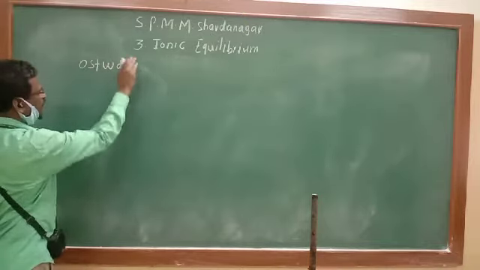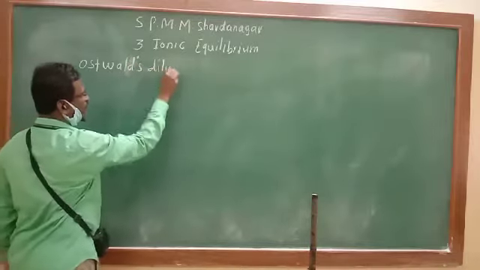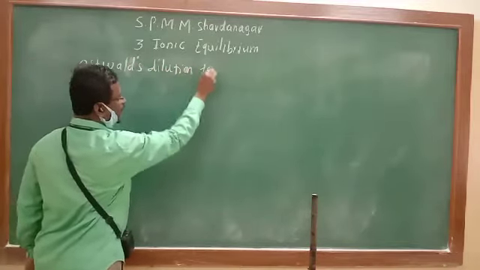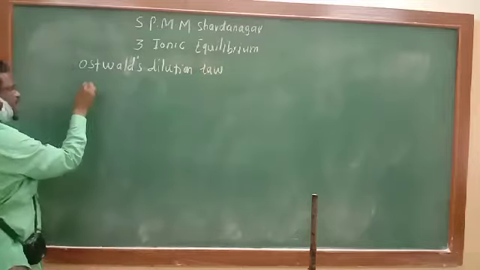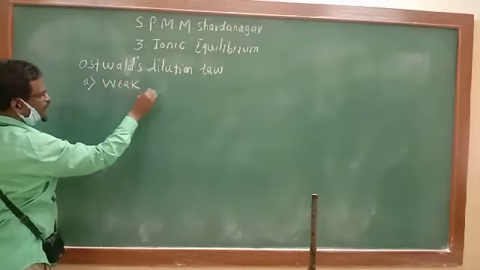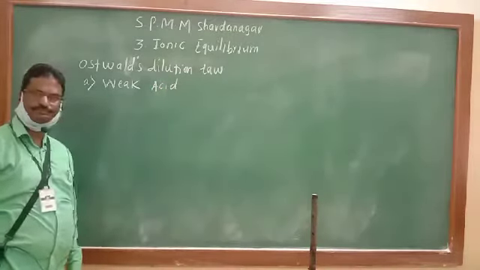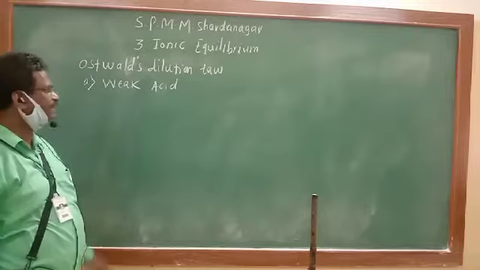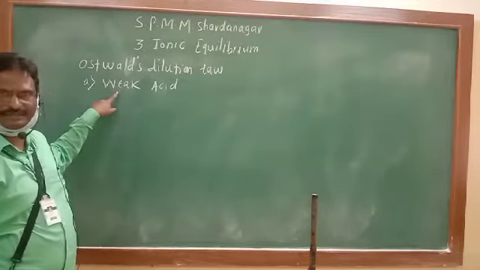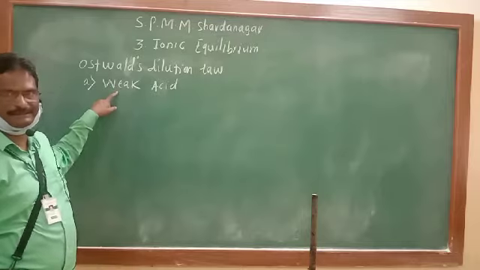Oswald's dilution law for weak acid and weak base. First one, we are studying the Oswald dilution law for weak acid. We know weak acids are the substances which will undergo incomplete dissociation.